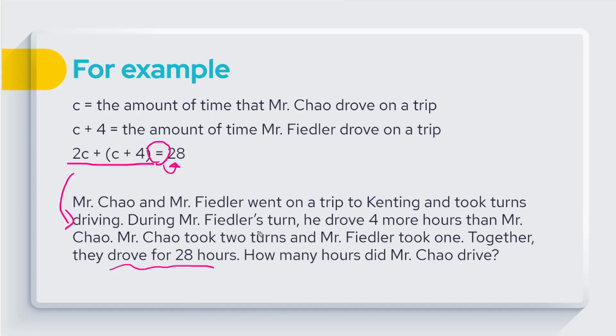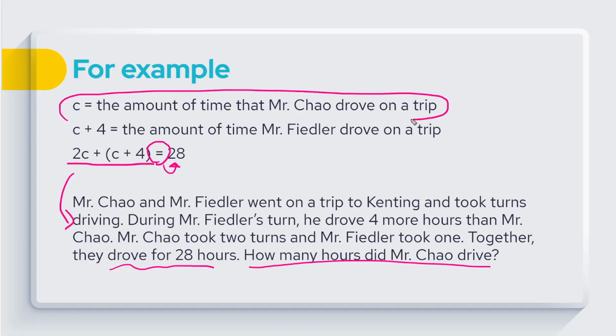So in your story, you can ask a question like, how many hours did Mr. Chow drive? And that signifies this first variable here. See how the entire equation is written based on the variable C instead of the variable F?